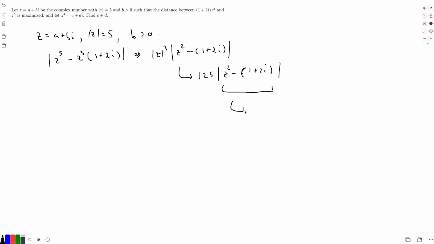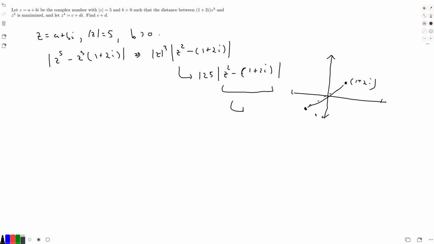So how can we do this? Well, we have something minus a complex number, so we can maybe look at this geometrically. If we have the complex plane like this, and this is, say, 1 plus 2i, when is the distance going to be maximized? It's simply going to be maximized when they're opposite, 180 degrees apart.